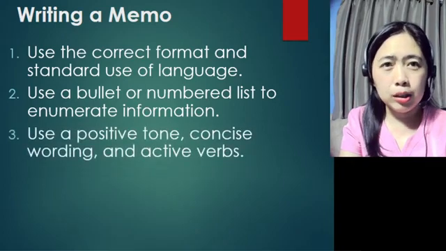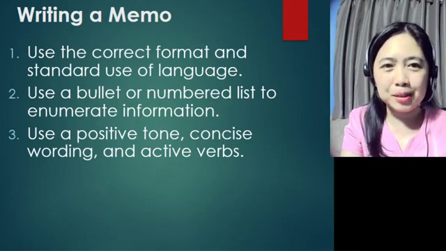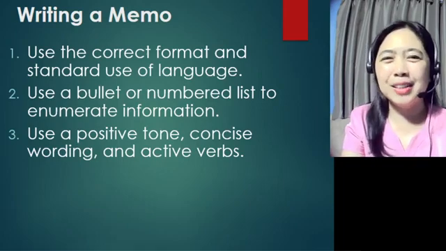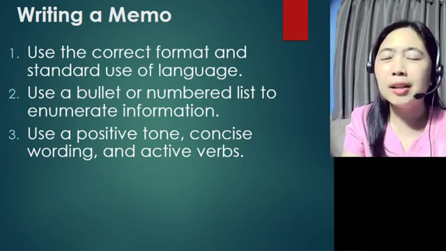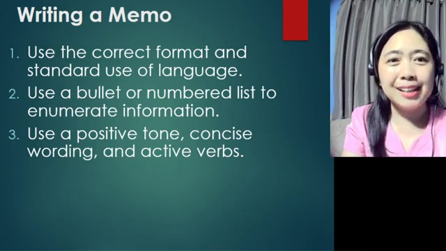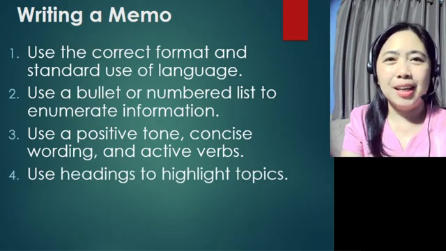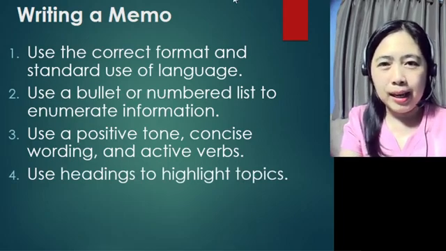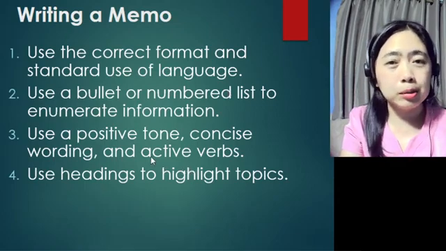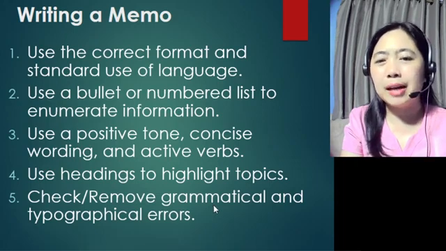Use a positive tone, concise wording, and active verbs. Hopefully in the next video, I can teach you other active verbs, or action verbs, that are very helpful in our writing. Use headings to highlight topics, so your subject here. Check and remove grammatical and typographical errors.